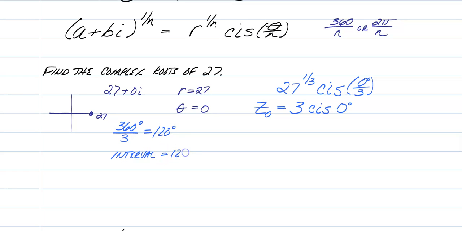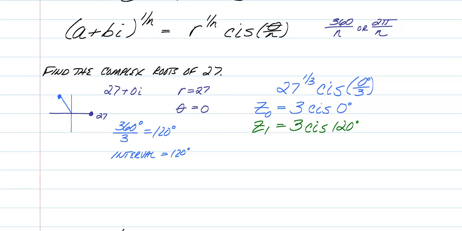So at 120 degrees you have another one, which we call z sub 1, our first interval afterwards: 3 CIS 120 degrees.